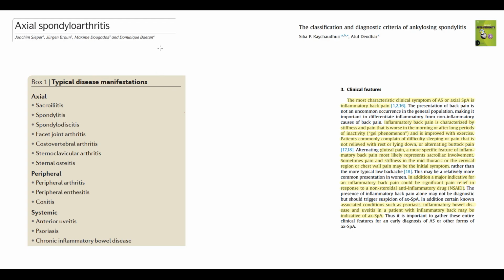On this image, we can see the full list of manifestations. The most common axial manifestations are sacroiliitis and spondylitis. The most common peripheral manifestations are peripheral arthritis and enthesitis, and systemic manifestations are uveitis, psoriasis, and inflammatory bowel disorders.